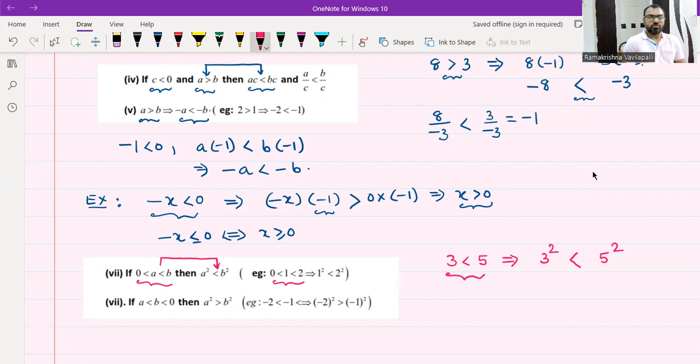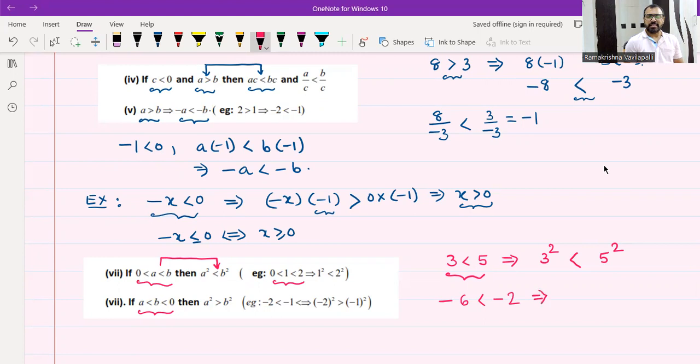If you take negative quantities, suppose A is less than B less than 0. Suppose if we take two negative quantities, A less than B less than 0. For example, you see here, minus 6 is less than minus 2. These are the two negative quantities.